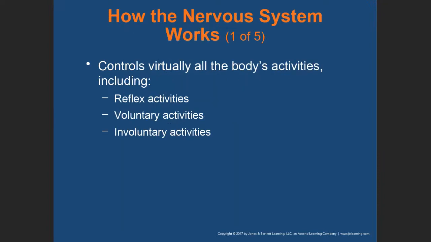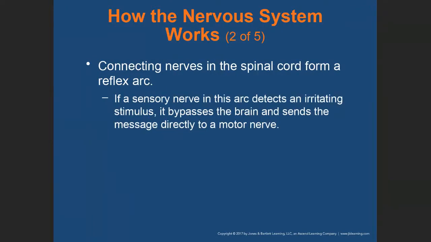How the nervous system works: it controls virtually all the body's activities, which include reflex activities, voluntary activities, and involuntary activities. Connecting nerves in the spinal cord form a reflex arc. I've already explained what that is. If a sensory nerve in this arc detects an irritating stimulus, it bypasses the brain and sends the message directly to the motor nerve.